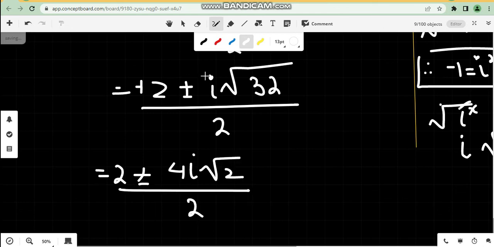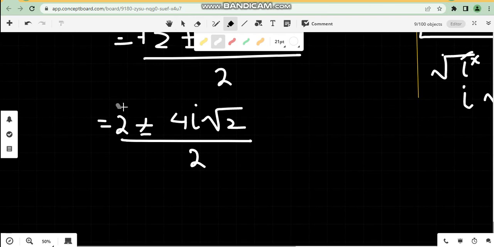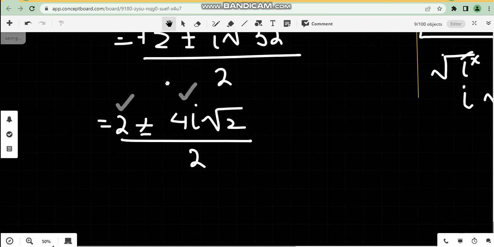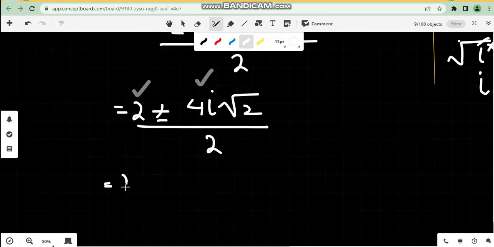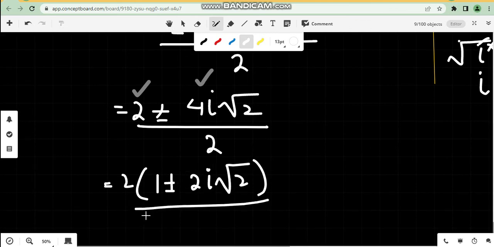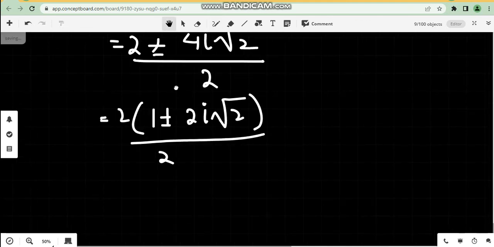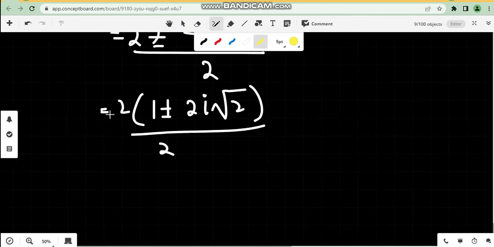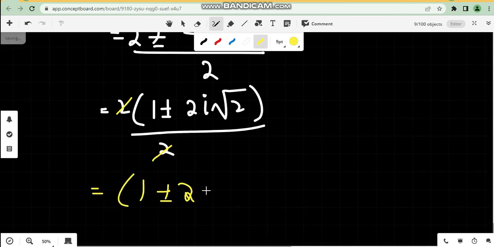We can see that on the top there is 2 coming. 2 is common here and here. They are both divisible by 2, 4 and 2, so we can take out the 2 from it. So that becomes 1 plus minus 2i square root of 2 divided by 2. After that we can cancel out the 2, because 2 divided by 2 is 1. So we got 1 plus minus 2i square root of 2.